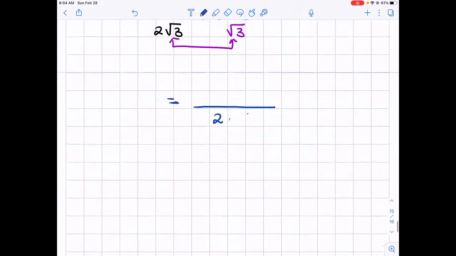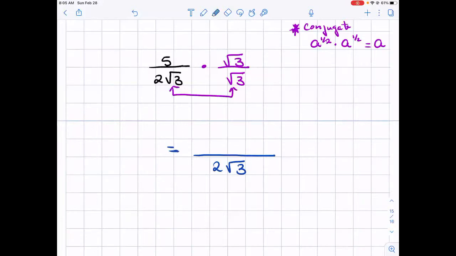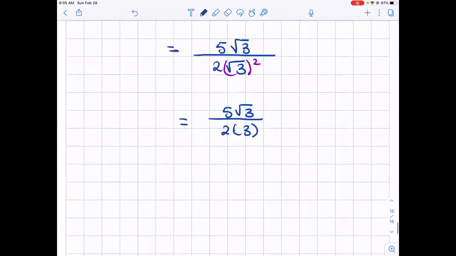It becomes 2 times root 3 squared. And if you multiply the top, that becomes 5 root 3. So the denominator becomes 2 times 3, and the numerator, 5 root 3. And finally, we have 5 root 3 over 2 times 3, which is 6.